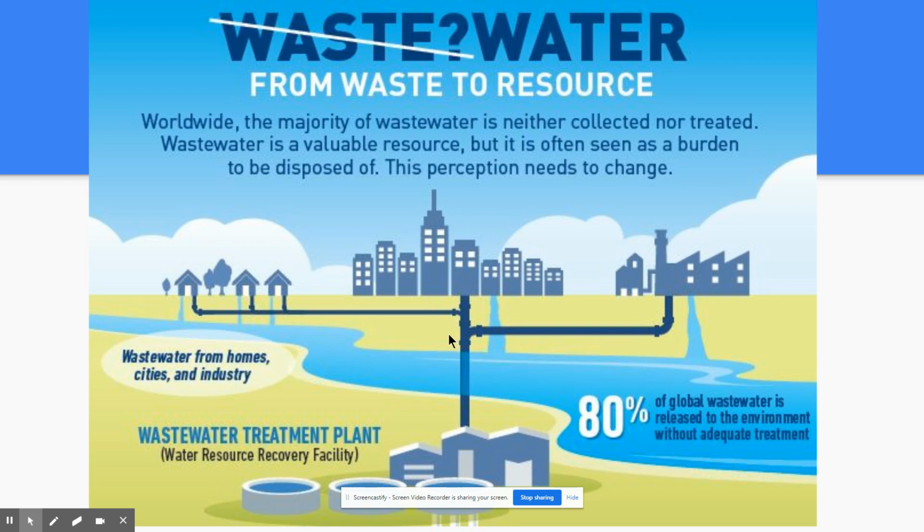That's worldwide. However, that number is way lower here in the United States. Here there are still some places where wastewater is not treated and is released into the environment, but the majority of it is treated in what is known as a wastewater treatment plant or facility.